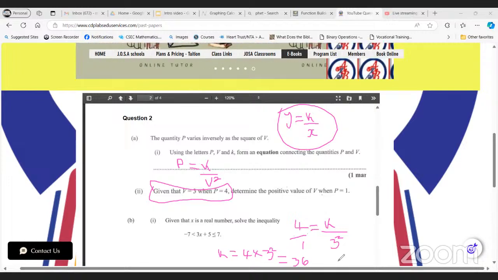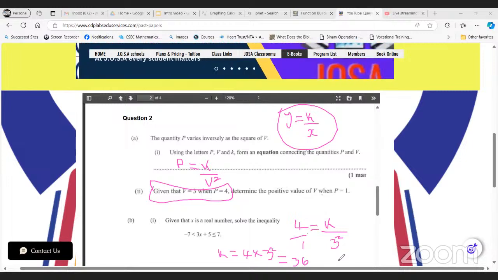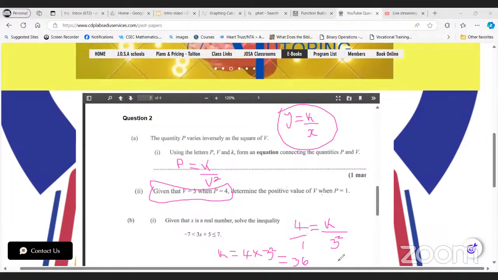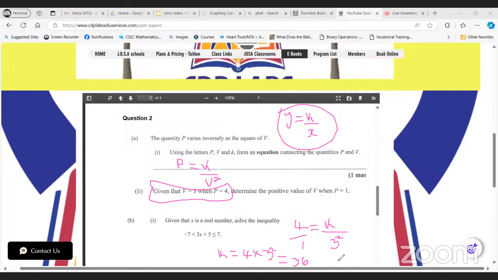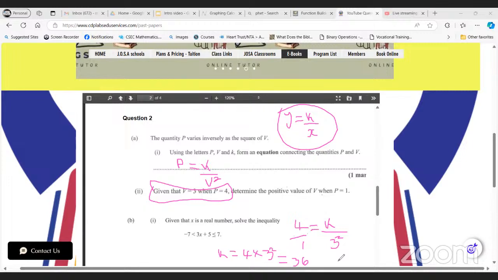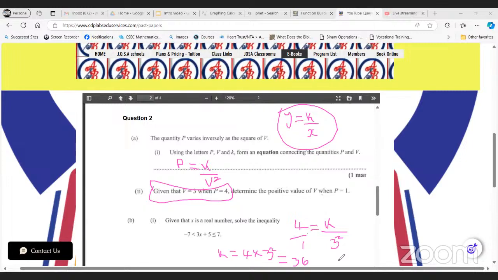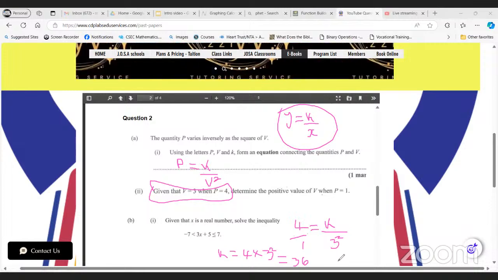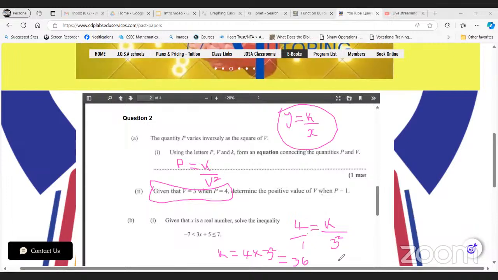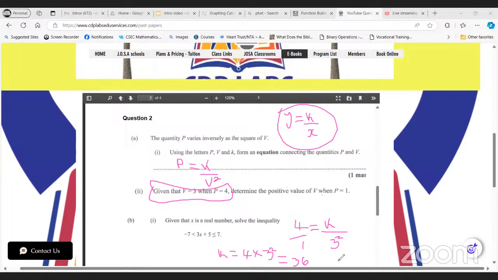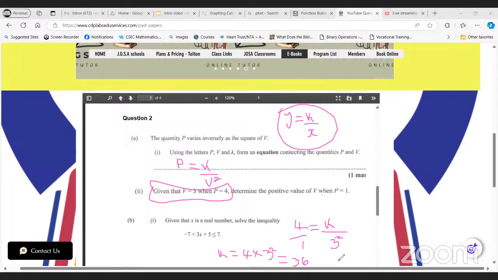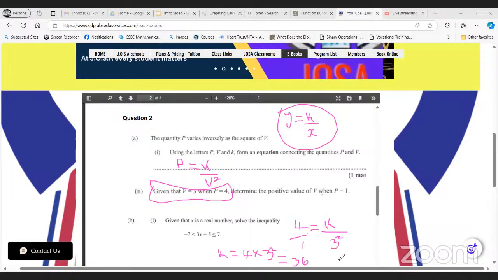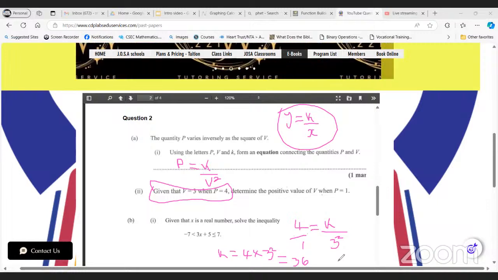So step number 1 in this part, if you should see a question like this in the exam, is that you need to first establish what the function is, and having established what the function is, you'll be able to use the given information to determine the value of K, which is a constant, and then you use that information to help you determine the positive value of what is asked for.